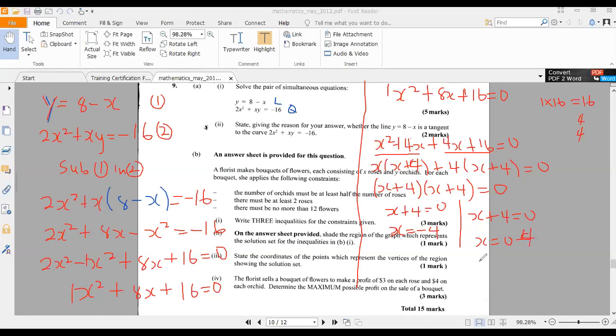So x is equal to negative 4. All right. So we have the value of x.